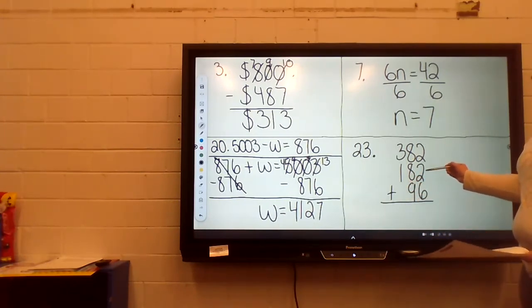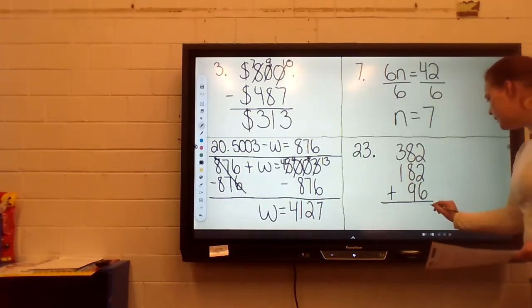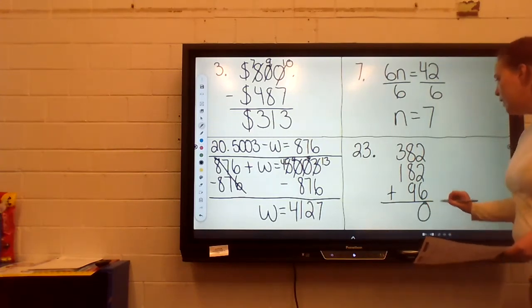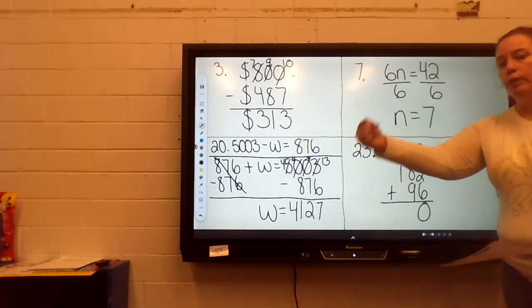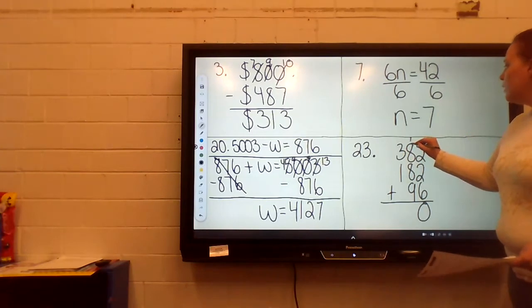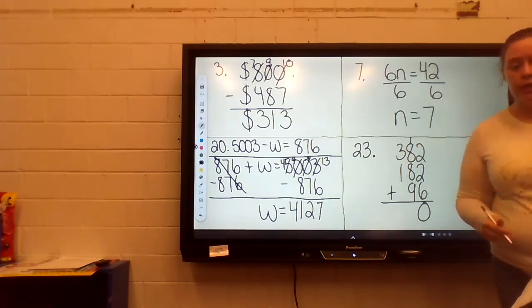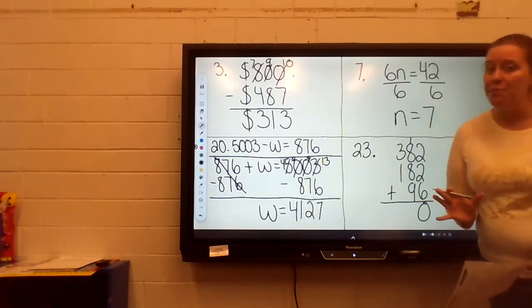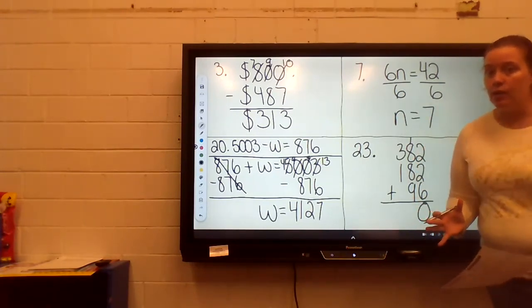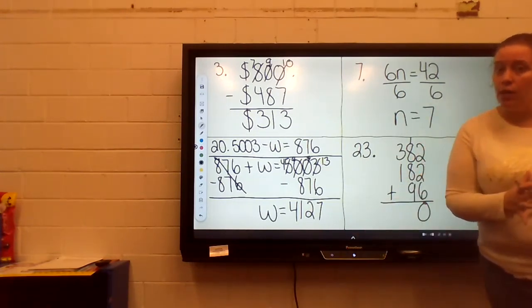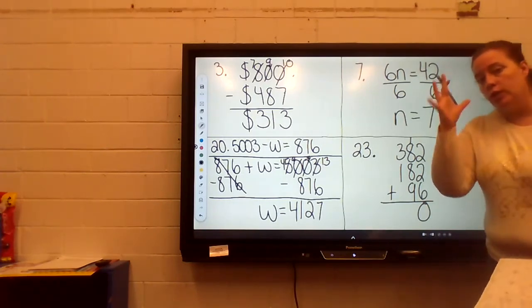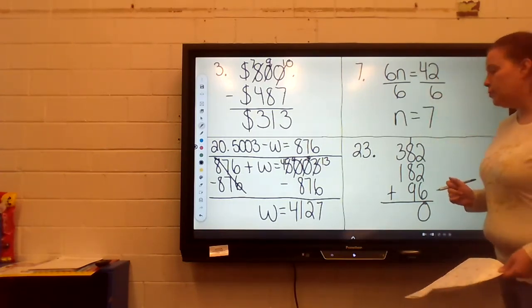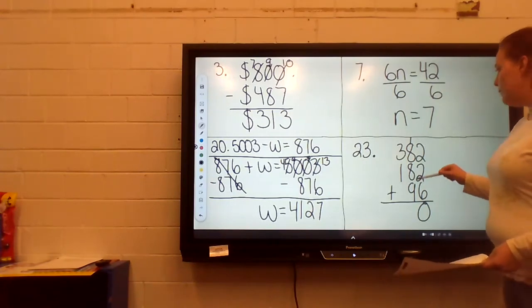So 2 plus 2 is 4, 4 plus 6 is 10. So you're going to write your 0 here. Then you need to regroup or carry over that 1 to the tens place. A lot of you guys haven't been doing that, or if you have been doing that, you haven't been doing it correctly. You've been shifting it over too far. So make sure that you are lined up in that tens place when you carry over that 1.